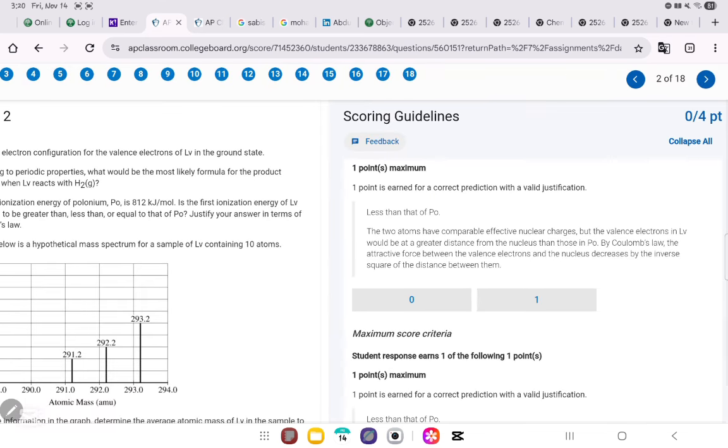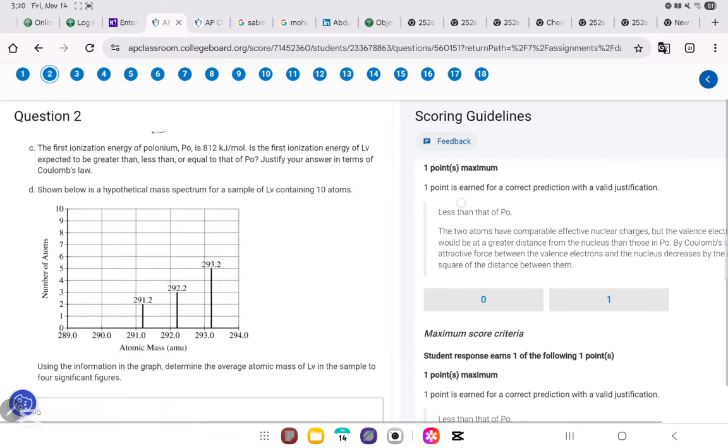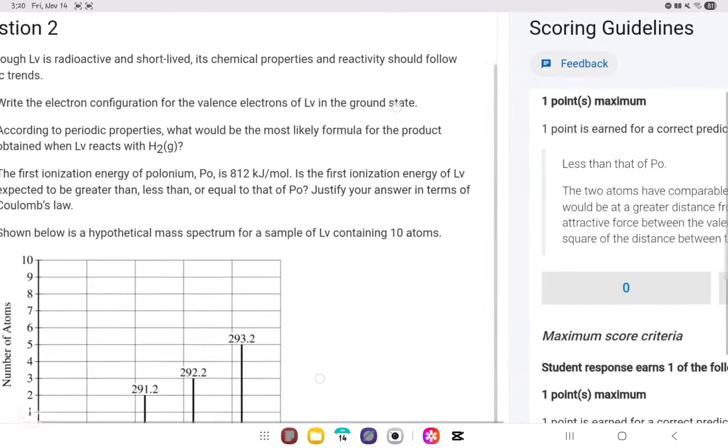Okay, so if you say all of this, which is very important to say, you will get the full mark. So that is part C.